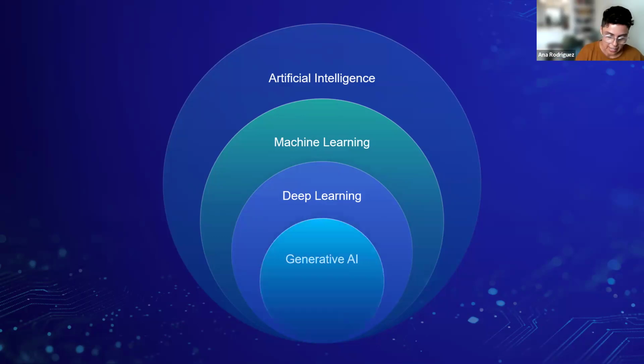And then generative AI is a subset of deep learning, and this creates new data for us, such as text or images, even video and audio. And these models learn patterns from existing data, right? And then use that knowledge to generate new and possibly unique outputs from that data.